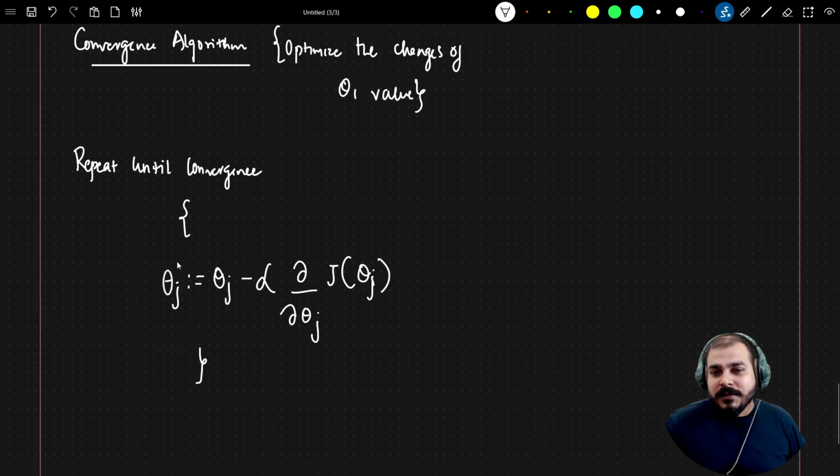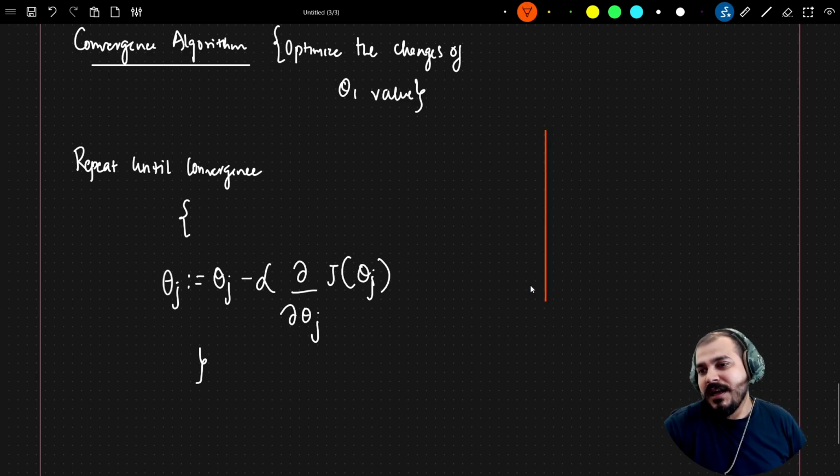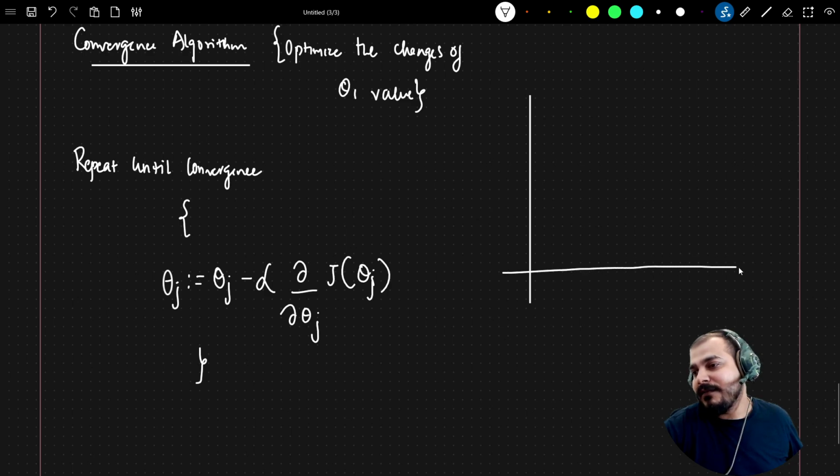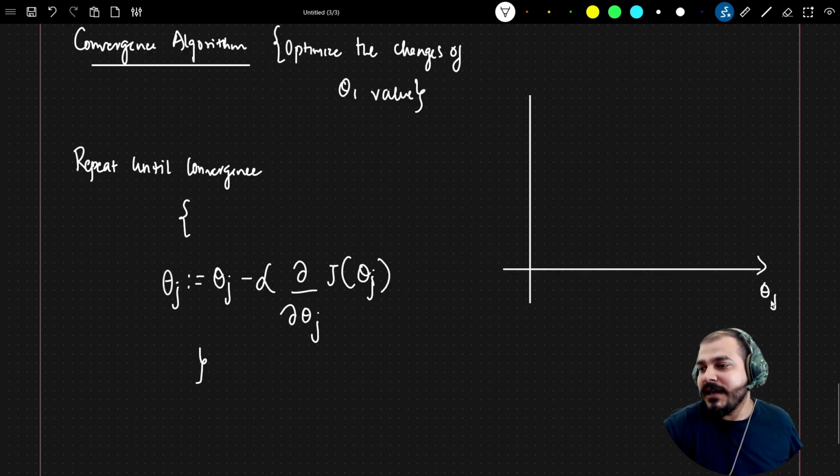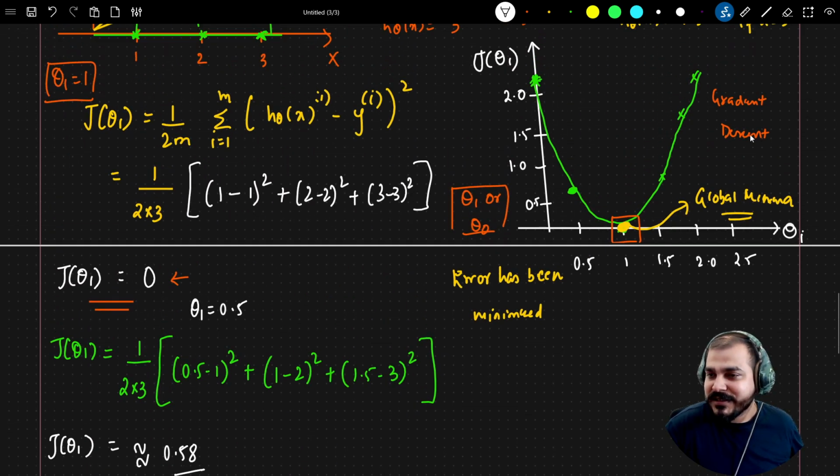This theta j, initially we'll initialize something and then try to find the cost function. And obviously you know how the cost function is created. So if I initialize and create a graph with respect to theta j and J of theta, this is the graph we created right over here. You could see this, right?